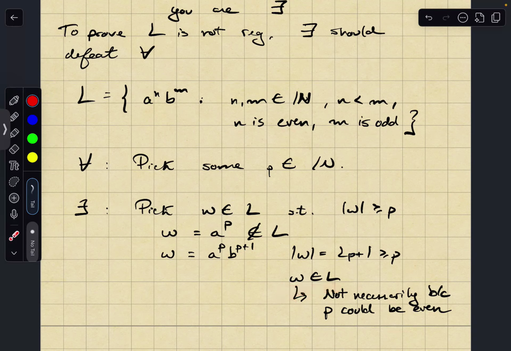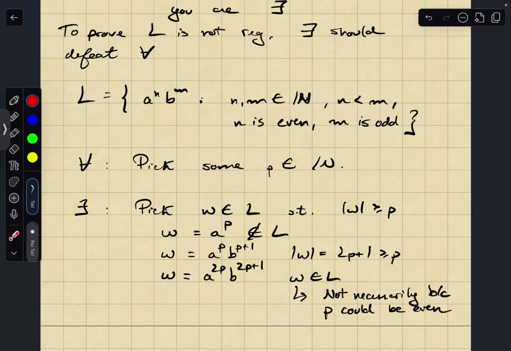So now if I have a natural number P and I want to make something that's like some even number and then some odd number, and I want the odd number to be greater than the even number, then a good idea, which someone already had, is something like A^2P, B^(2P+1), right?